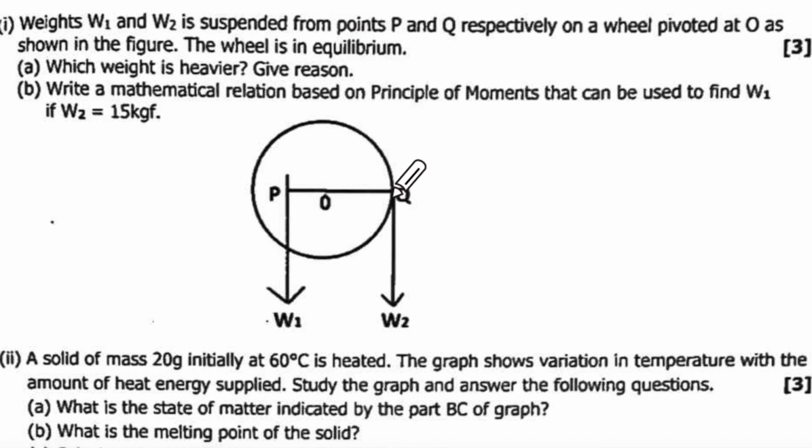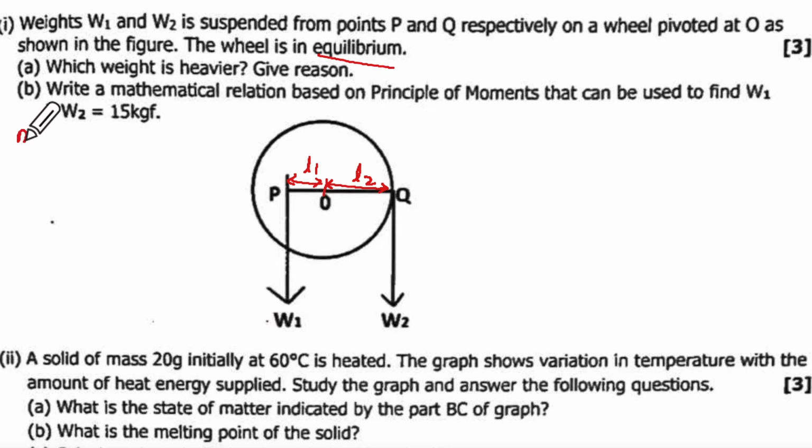They are suspended from P and Q point of the wheel that is pivoted at O, and the wheel is in equilibrium. What does equilibrium mean? If this is W1, you'll have to show this diagram and call this L1 and call this L2.